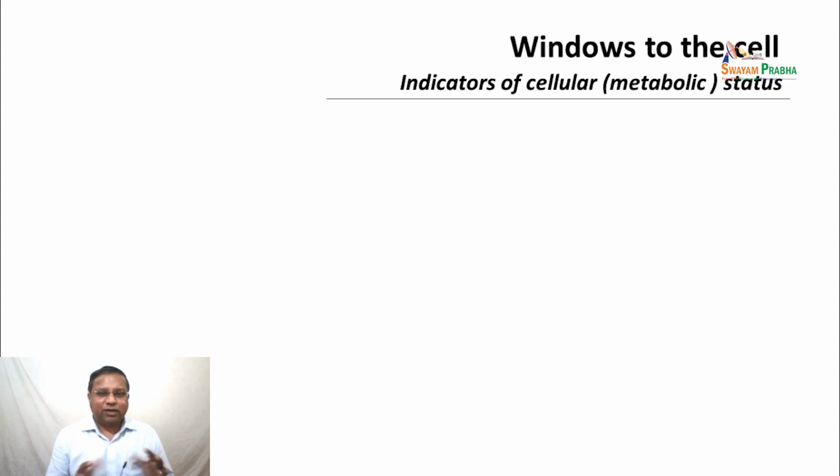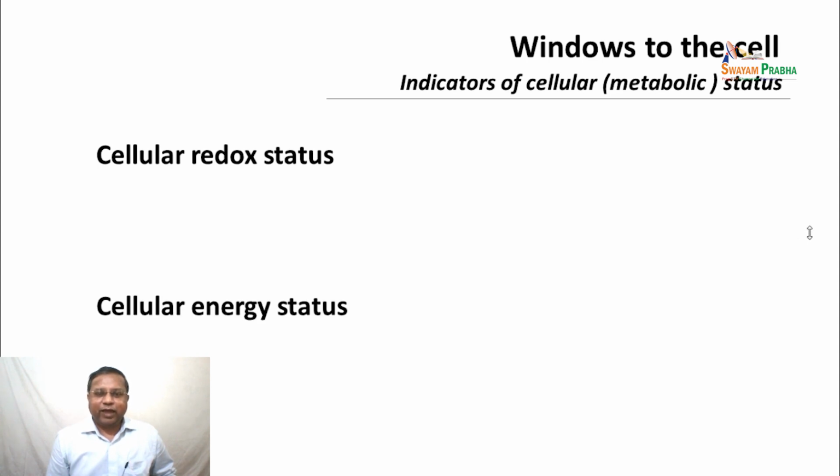These are indications of what could be happening, and these are common terms that are used. They are not, of course, fully understood, but they are useful. The cellular redox status is a well-known indicator, and cellular energy status is another well-known accepted indicator of the metabolic status of the cells.